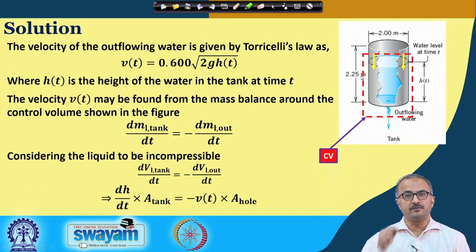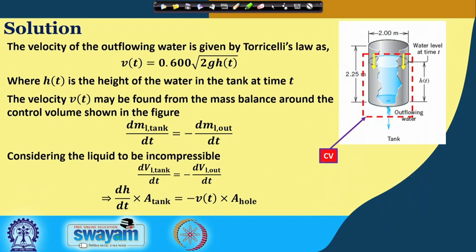What is the meaning of negative accumulation? It means that it is depletion. If we apply this mass conservation on this particular system, we find how the mass inside the tank is changing due to the output.